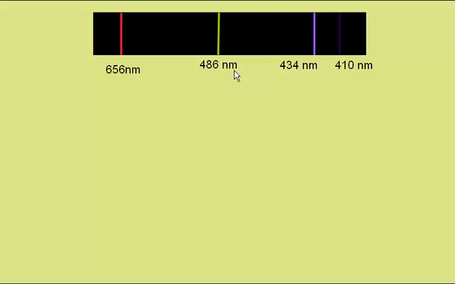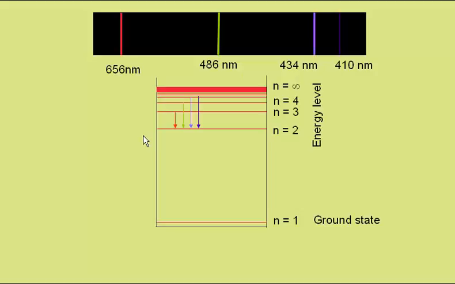How these lines come about is from different energy level drops. So here we have our energy level diagram again, with some details missing for clarity. The red line here equates to a drop from n equals 3 to n equals 2. The green line from n equals 4 to n equals 2, and so on.